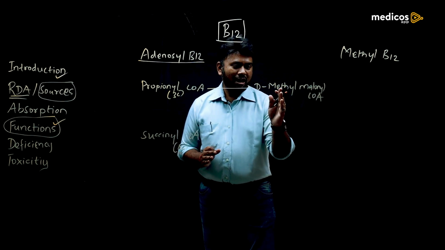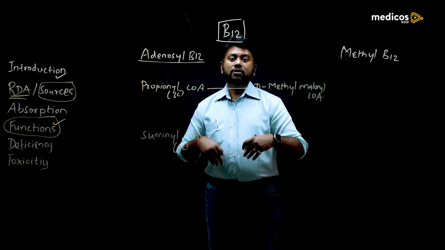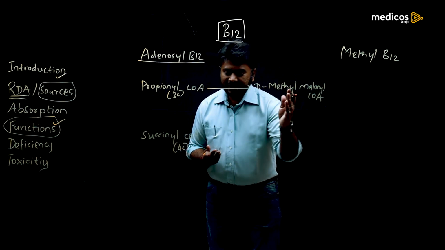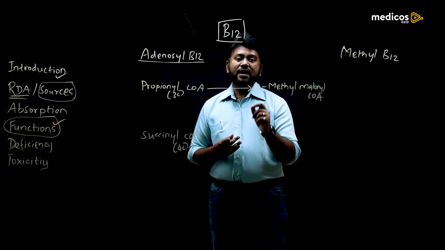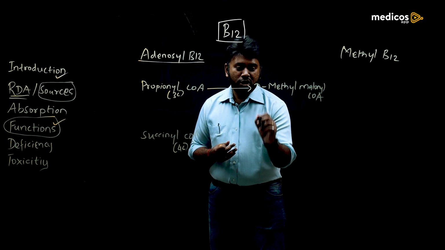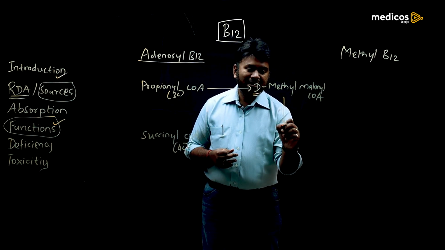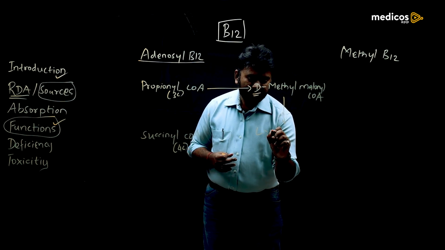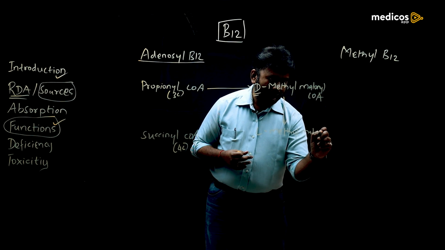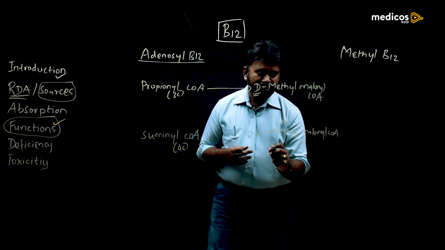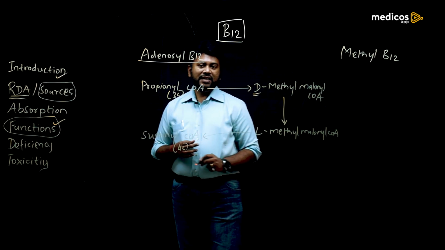So now how do we convert this methylmalonyl CoA to succinyl CoA? I said they both are isomers, so by using an isomerase enzyme, they can be interconverted. But the enzyme methylmalonyl CoA isomerase acts only on the L form, not on the D form. So first, by an enzyme called racemase, the D form is converted into the L form, L-methylmalonyl CoA, and then the enzyme methylmalonyl CoA isomerase converts it into succinyl CoA.